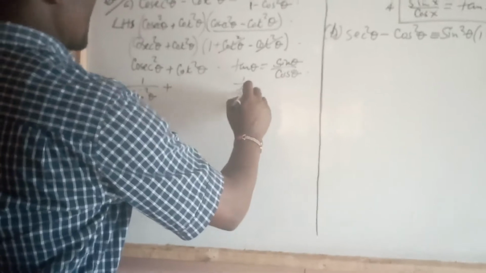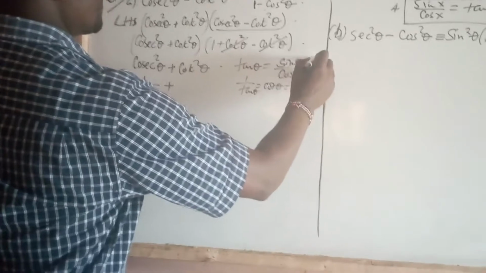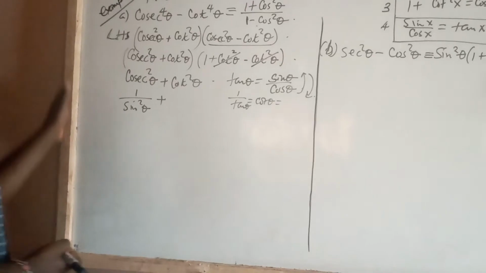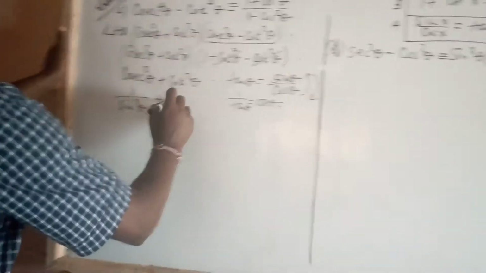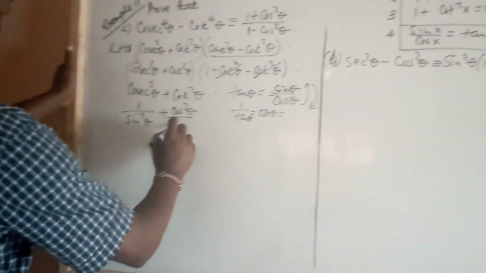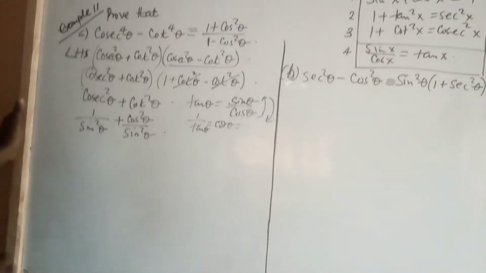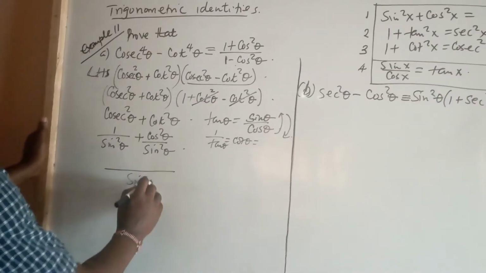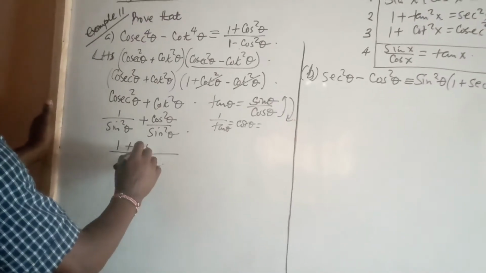So 1 over tan, which is cot theta, is the reciprocal, meaning the cosine is up and the sine is the denominator. Squared, we have cosine squared theta over sine squared theta. This is the addition of two terms, whereby the LCM is sine squared theta, giving 1 plus cosine squared theta. That is it.